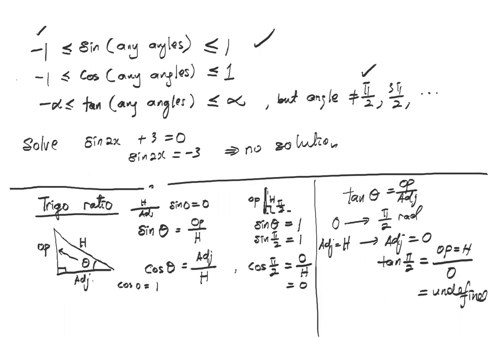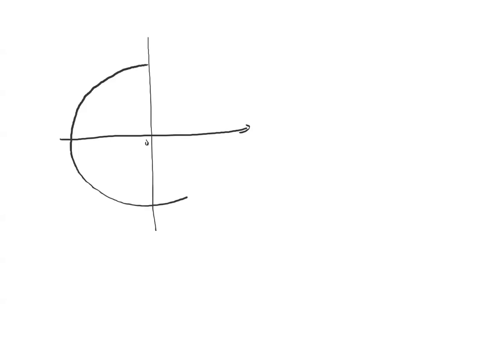Am I right? So now they draw a unit circle. Unit circle means the radius of the circle is 1 unit. And they start the angle 0 here, so the angle will be 0 radian at this point.